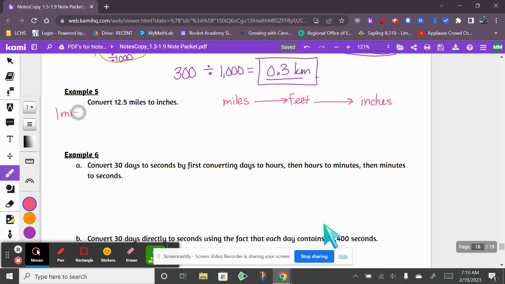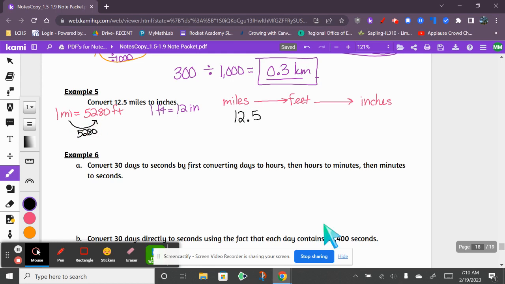So we have 1 mile equals 5,280 feet. And we also have the fact that 1 foot equals 12 inches. So as we start with 12.5 miles, if I'm going from miles to feet, my magic number is 5,280.